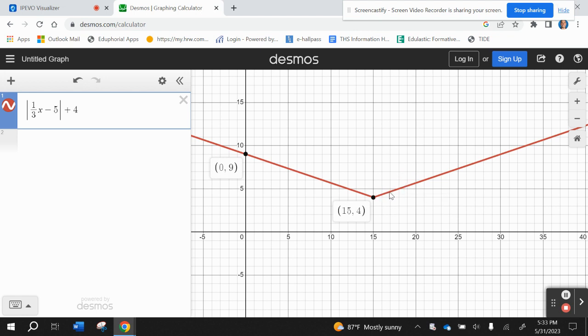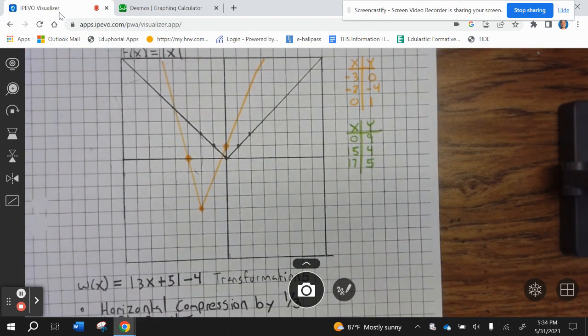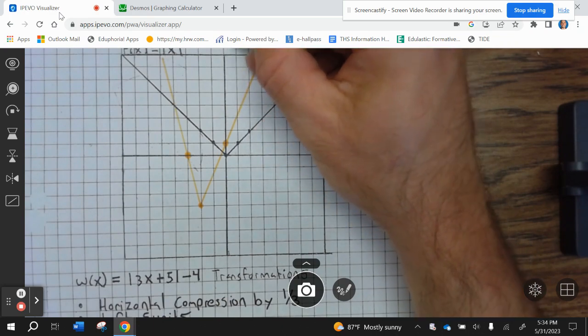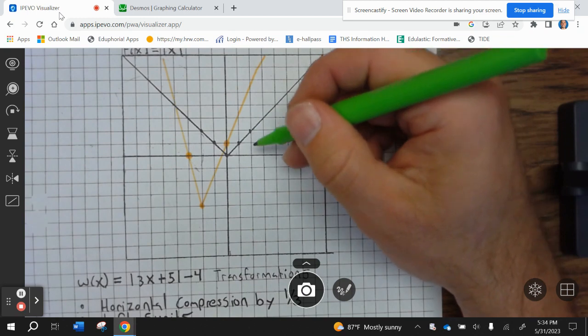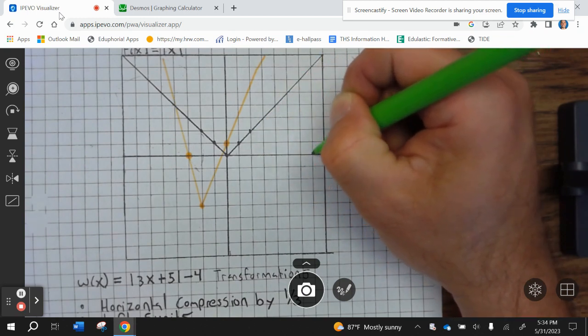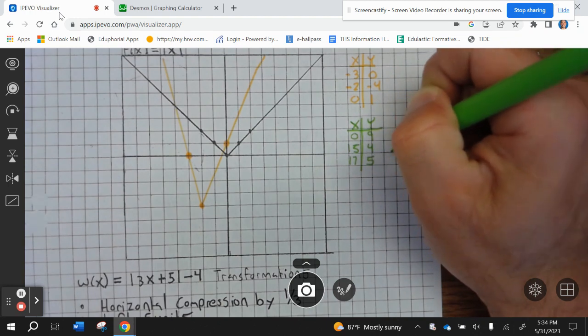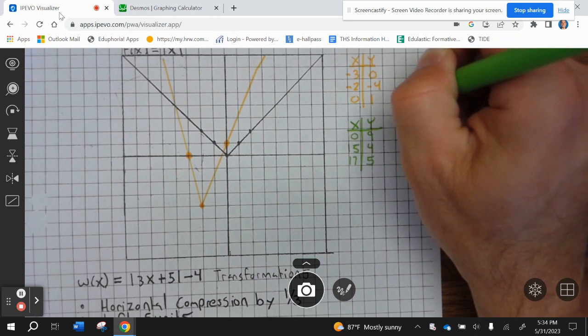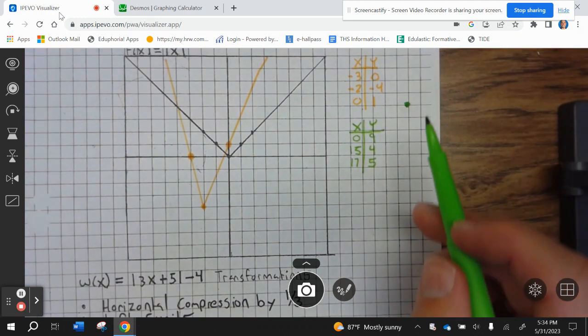So 17.5. All right. So 0, 9. All right, and then 17.5 is going to be too far off.